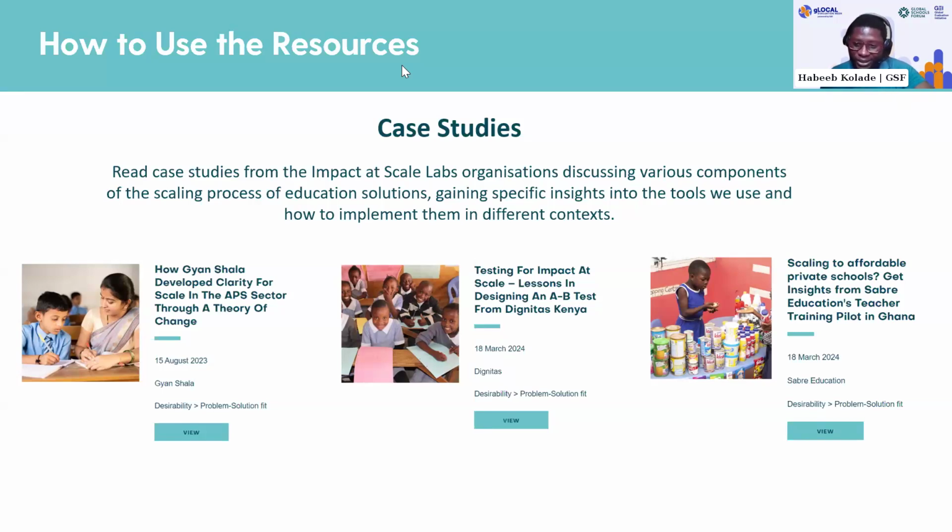For example, the three case studies here are tagged disability and problem solution fit. So you find across the various case studies and tools where each fits, to ensure that you're reading the right thing to support your strategy process.